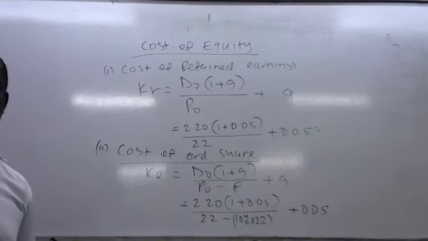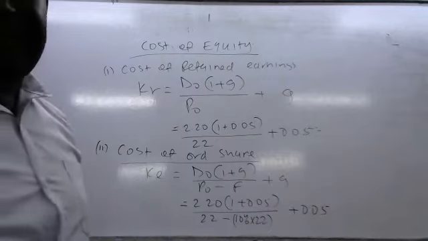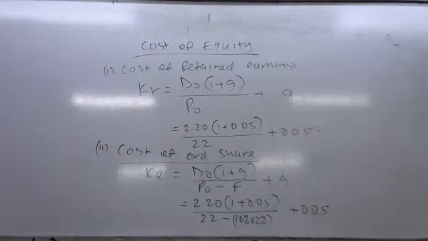That should give you around 16.67%. Yeah, so that is now the cost for the ordinary share.